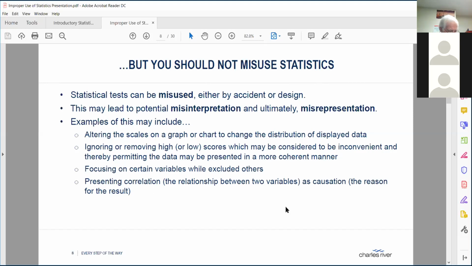And correlation is when we're looking at something like statistics on the frequency of colds related to weather. There is a definitive correlation there. We see that, and we know why that occurs.